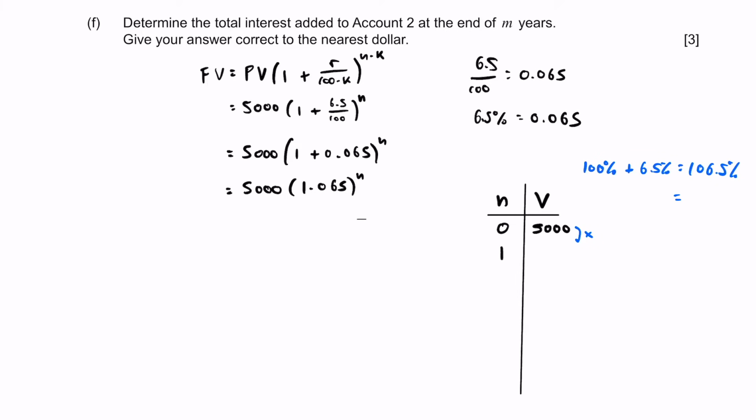As a decimal, remember, to convert percent to decimal, move the decimal place 2 to the left, or divide by 100, and in the end we'll have 1.065. So in this case, 5,000 times 1.065, we have 6.5% more than we did in our original, starting value. And in this case, that would be the amount that we would have in the first year.